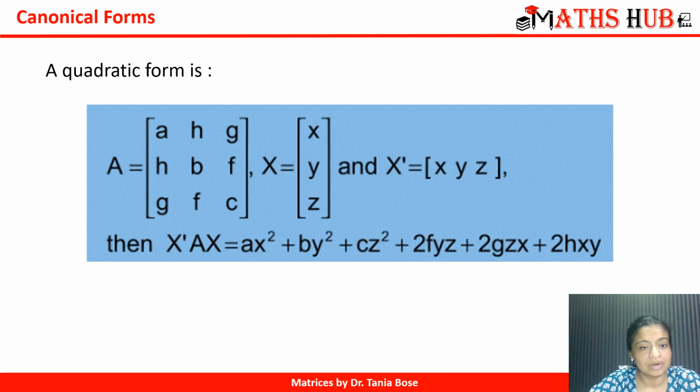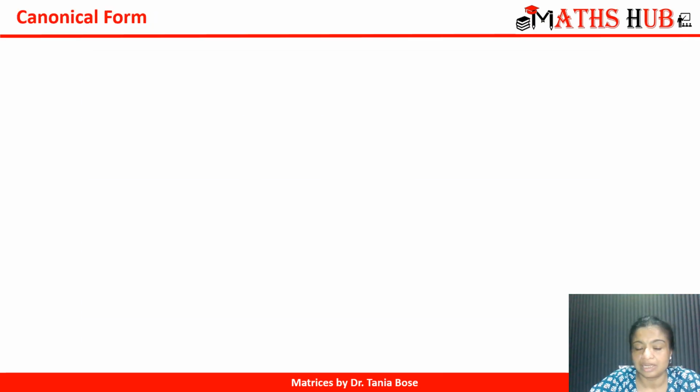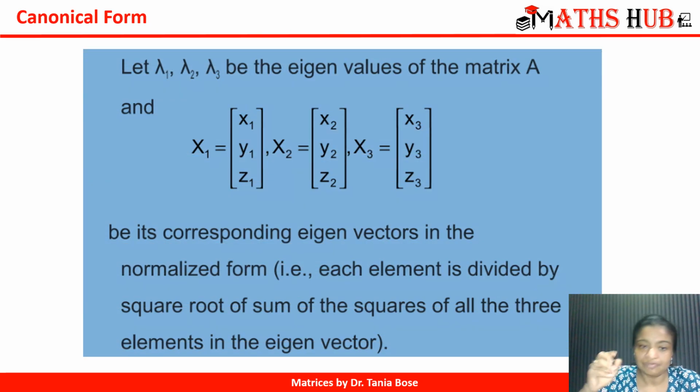Now, how to convert this quadratic form to a canonical form? First, from the quadratic form, we convert it into a matrix notation, that means a matrix A. After converting into a matrix A, we calculate the eigenvalues corresponding to that matrix.